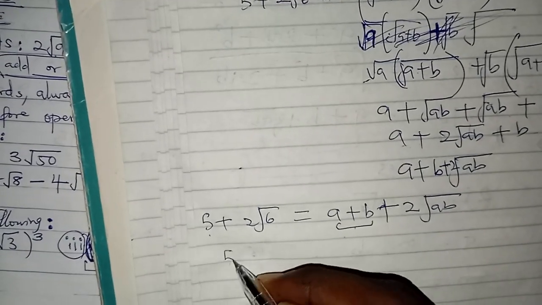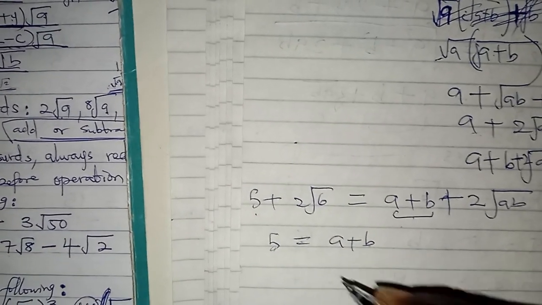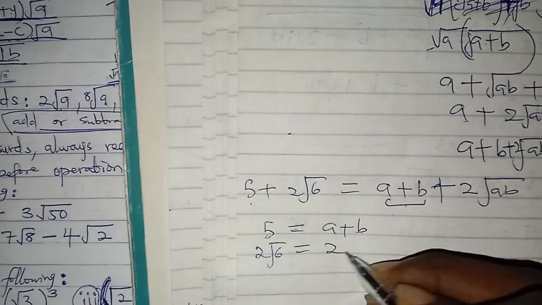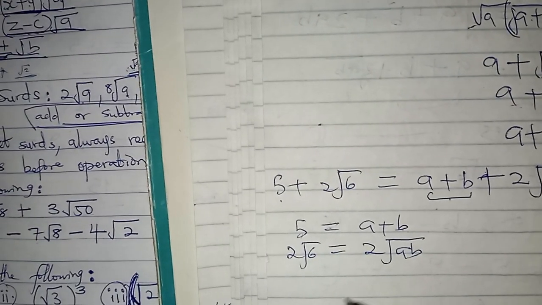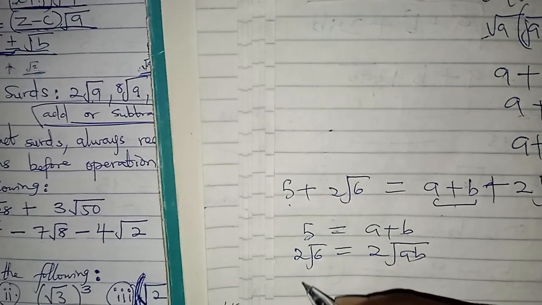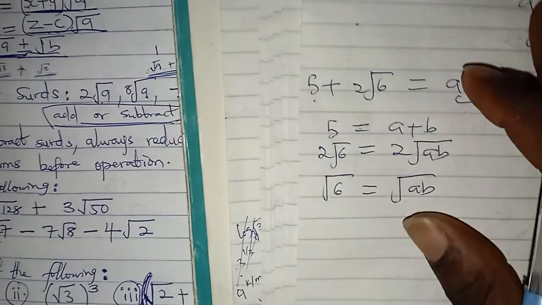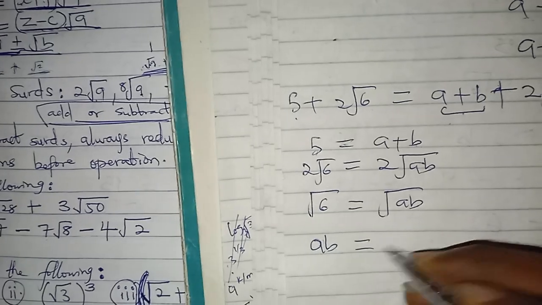So we can say that 5 is equals to a plus b. Then 2 root 6 is equals to 2 root ab. So root 6 is equals to root ab, and ab is equals to 6.